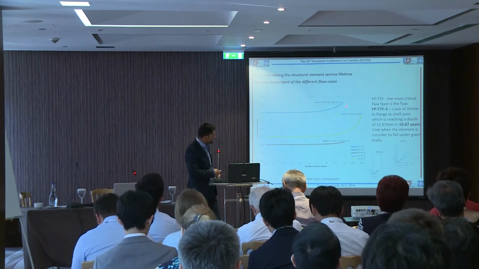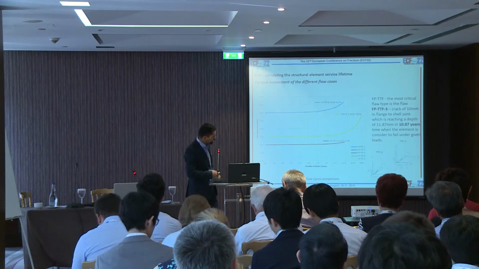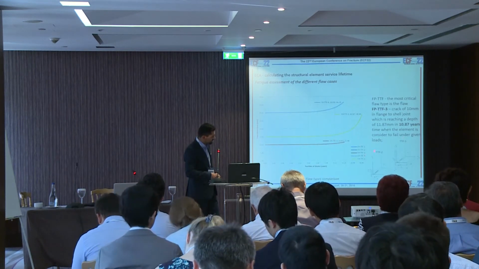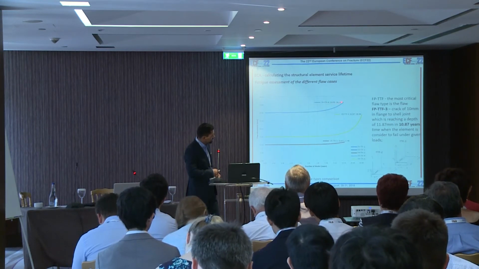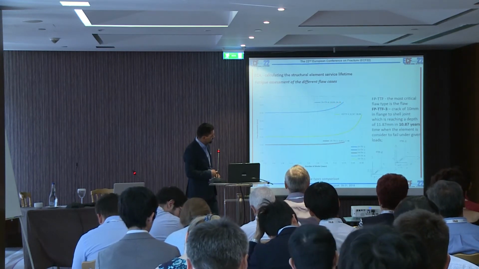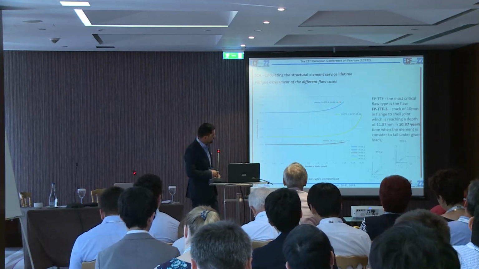I'll finish the presentation. In the end, some comparative graphs were made between the types of flaw, so we can see the through-thickness flaw, and the number of blocks needed to reach the critical crack size in the final stage.